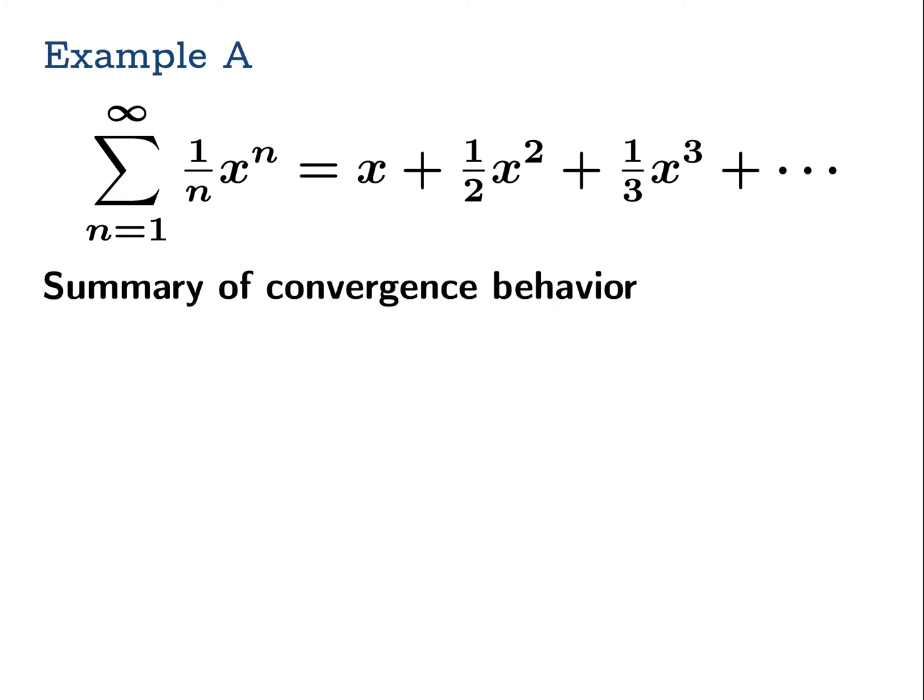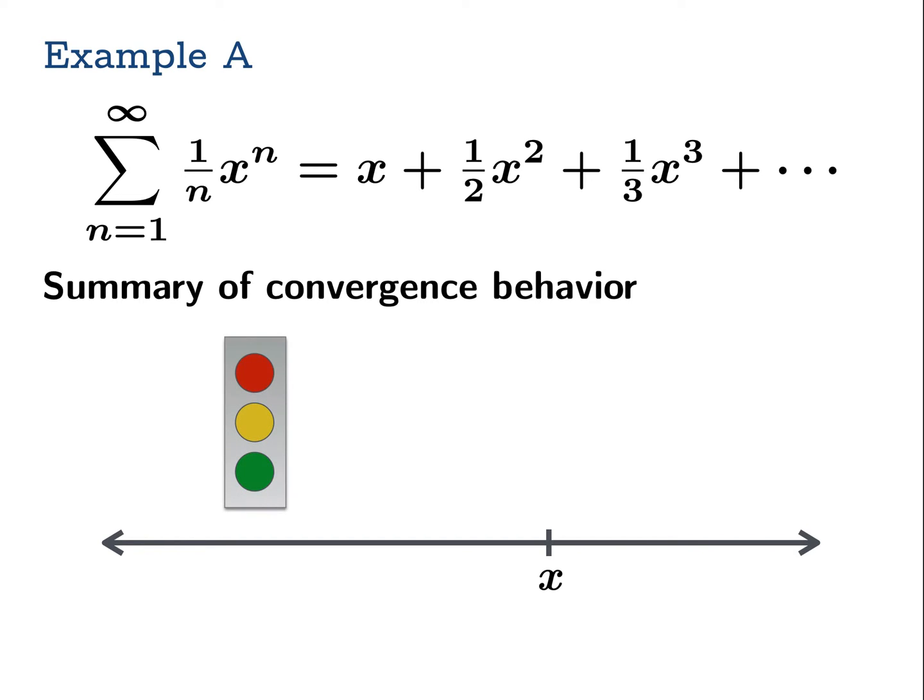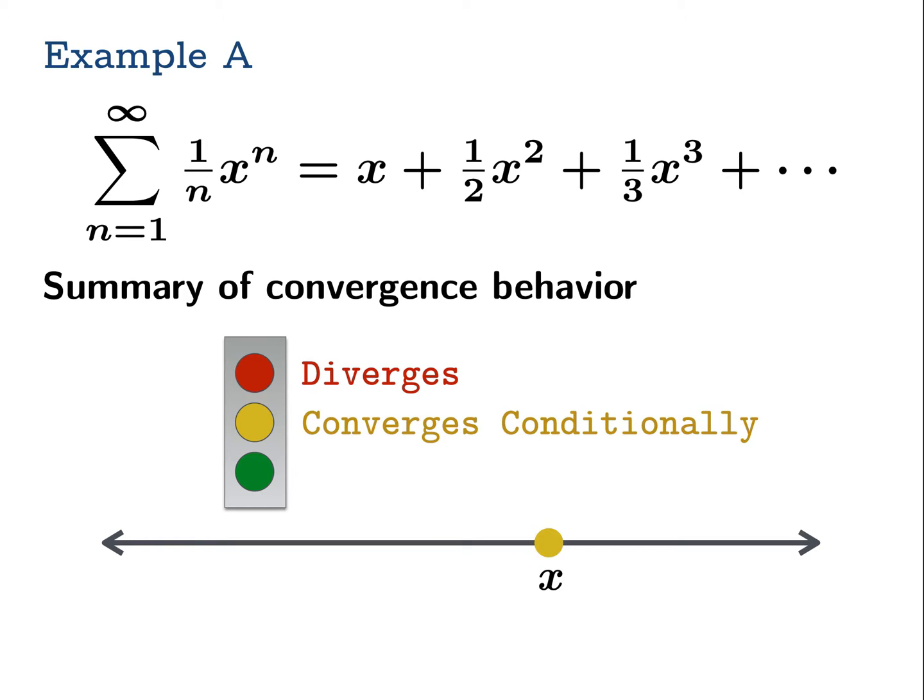And we can summarize the behavior of this in terms of convergence by looking at a real axis, and for each x that we could possibly plug in, we're going to paint that point on the axis one of three colors. Red if the series diverges, yellow if it converges conditionally, and green if it converges absolutely.